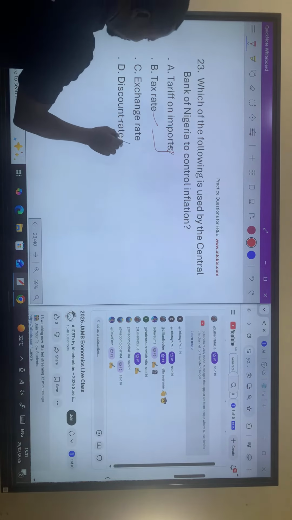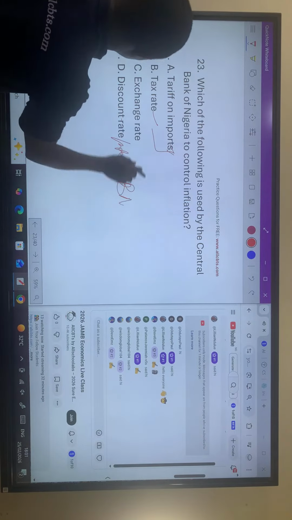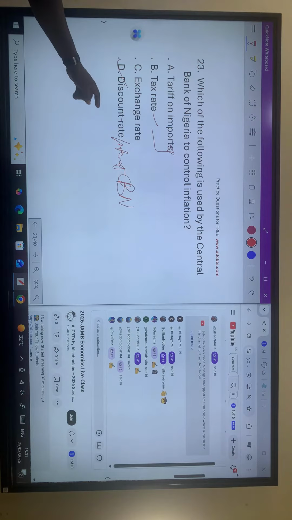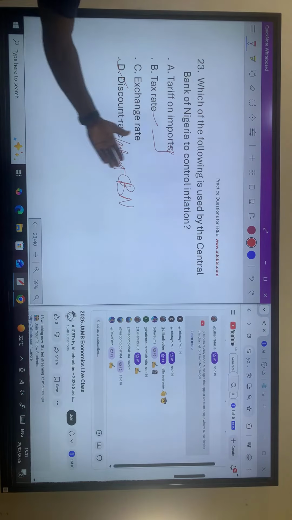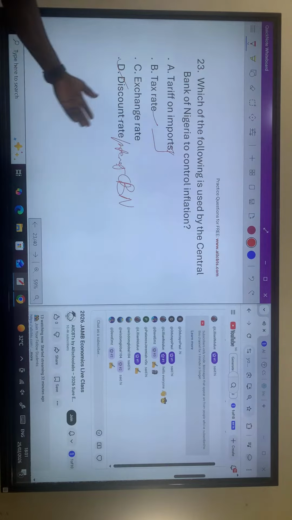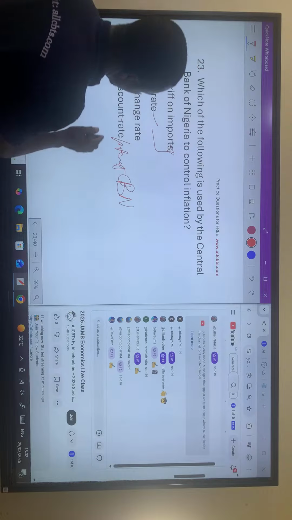Discount rate means interest rate. This is used by the central bank, so this is the correct answer. Underneath the discount rate is the interest rate. In other words, how much the commercial banks pay to get money from the central bank. That's the discount rate or the interest rate. So that's the correct answer. It's used to control inflation.